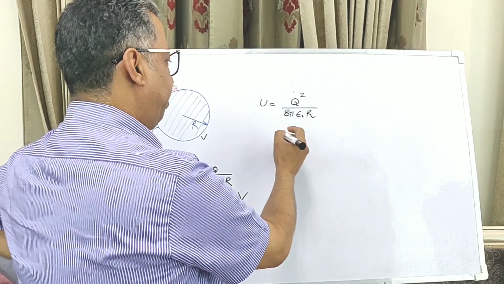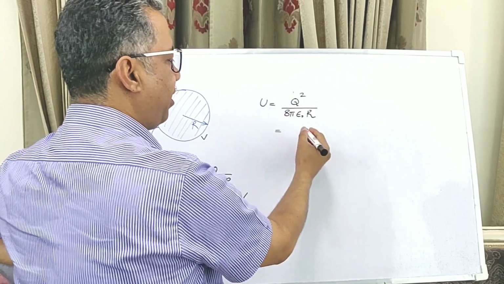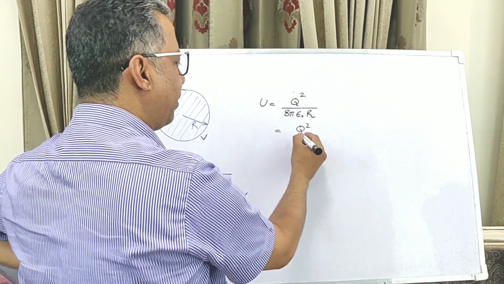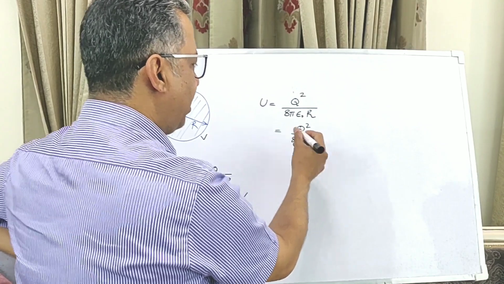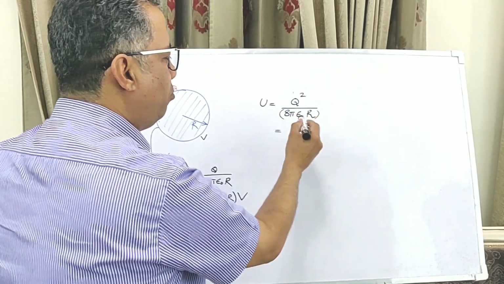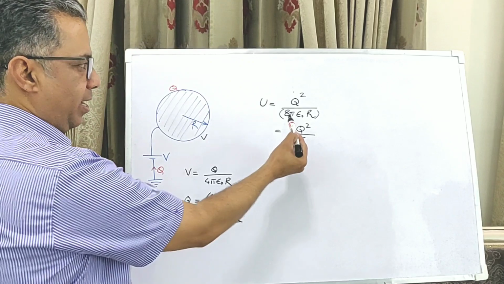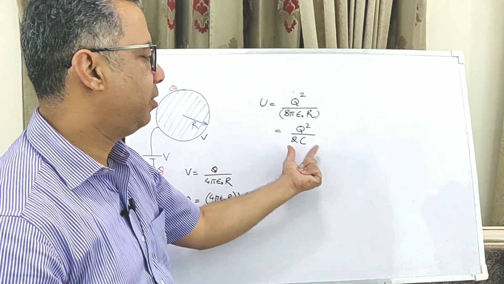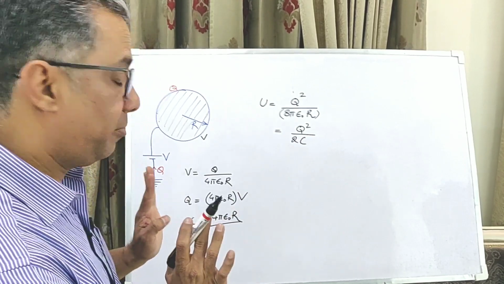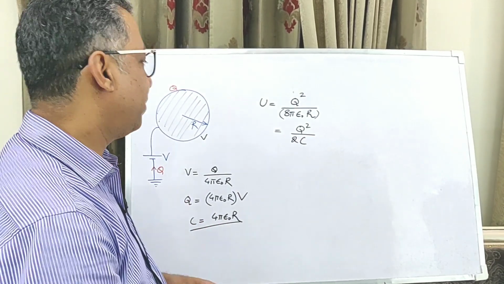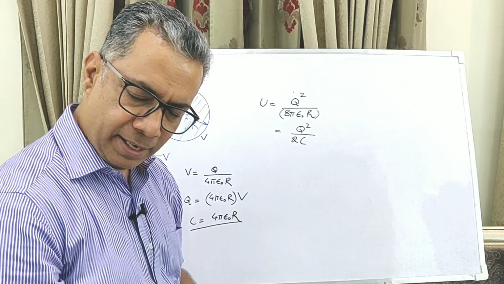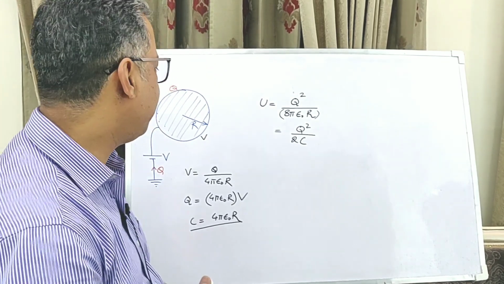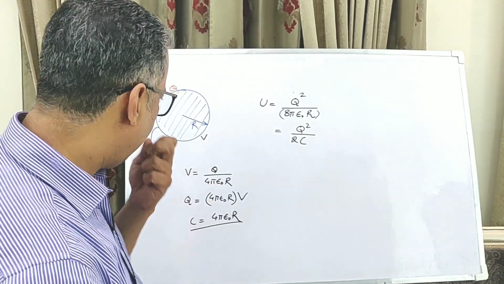And oh my, this matches exactly with Q square by 2C. Can you see 2C over here? This is C, and easily seen that this is 2C. So the results are working perfectly. After all, it is physics. It works, and works pretty perfectly, pretty beautifully.